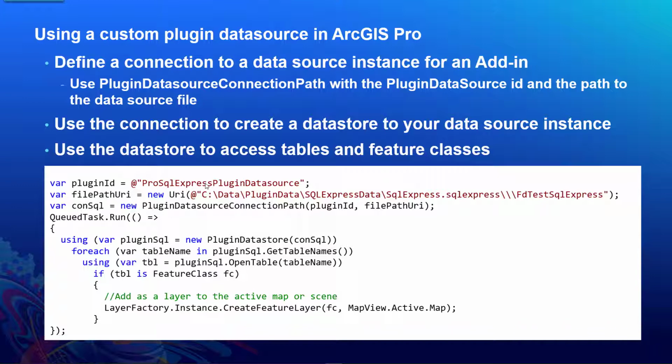And the file path URI that I specify here has to be a URI that points to my file instance or folder instance that initiates my custom data source. So in this case, you can see it points to my SQLExpress.SQLExpress file. Let's take a look at that one more time.